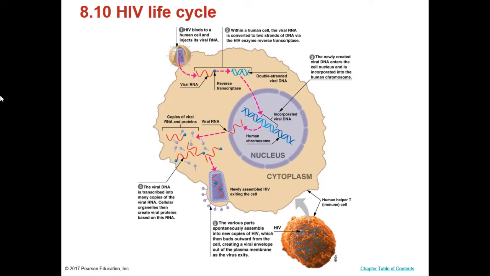Given that fact, there are different types of T cells, one of which is called the CD4 helper T cell. HIV is highly specific for those CD4 helper T cells, and if they become damaged or destroyed by the HIV virus, then they are rendered useless, making the patient immunocompromised.